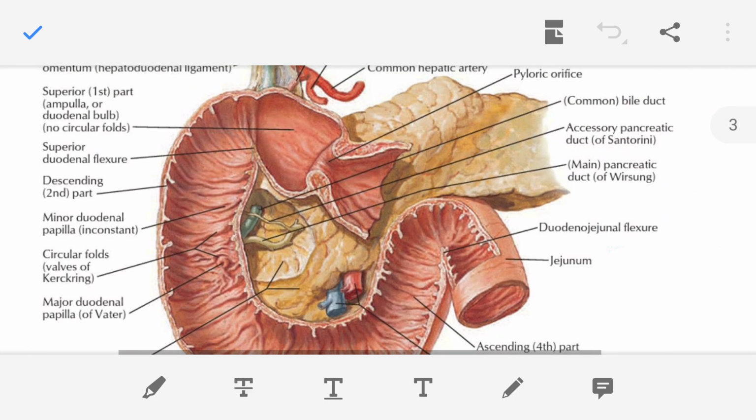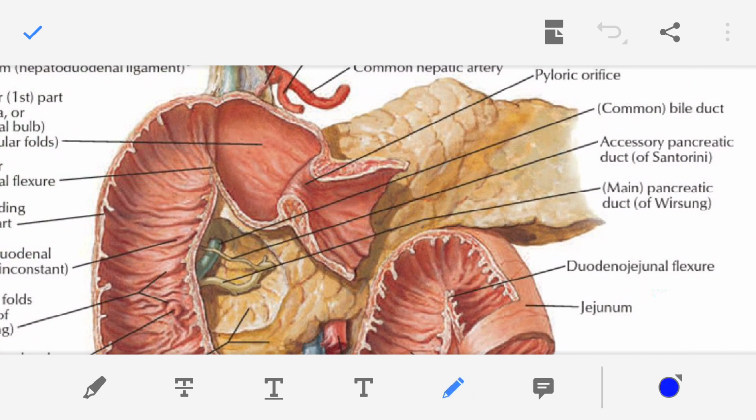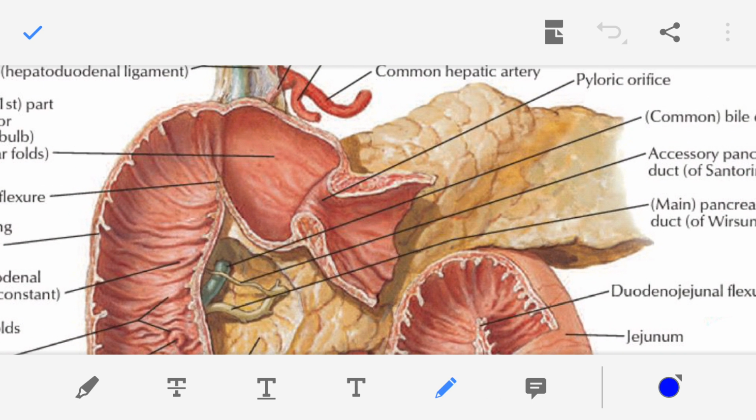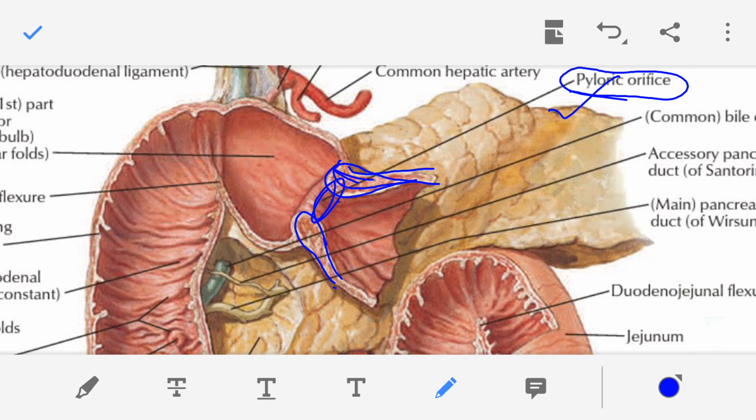Okay, and now we know the terminal end of the stomach, the pylorus is present, and this pylorus merges with the duodenum, or pylorus opens into the duodenum, and this opening is guarded by the wall, and this wall, which is present at the terminal end of the stomach, this wall is known as the pyloric sphincter, and this opening is the pyloric orifice, and this pyloric orifice is surrounded by this wall that is known as pyloric sphincter.